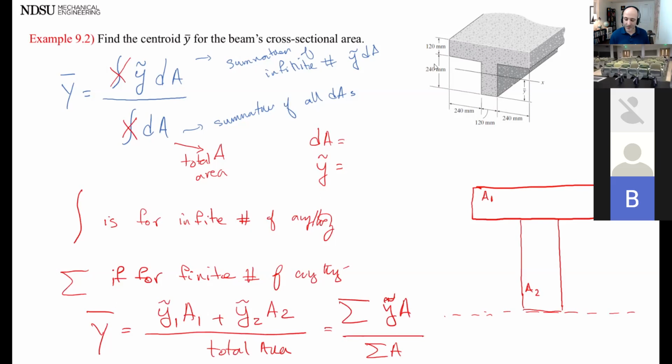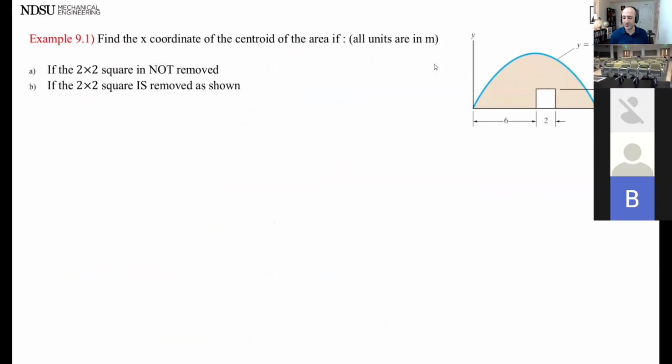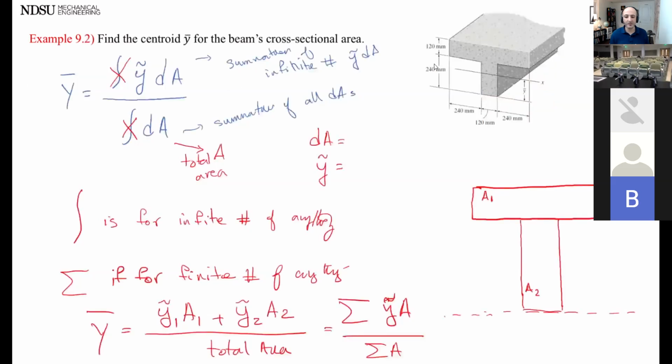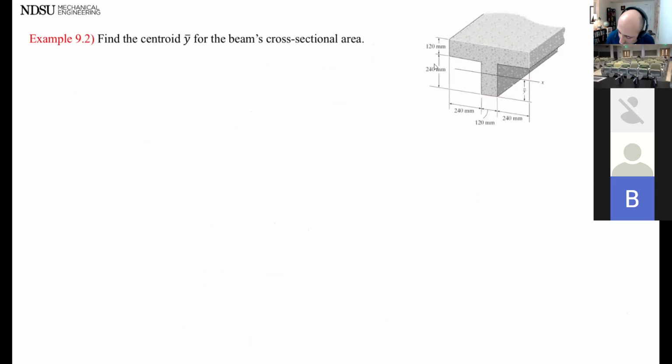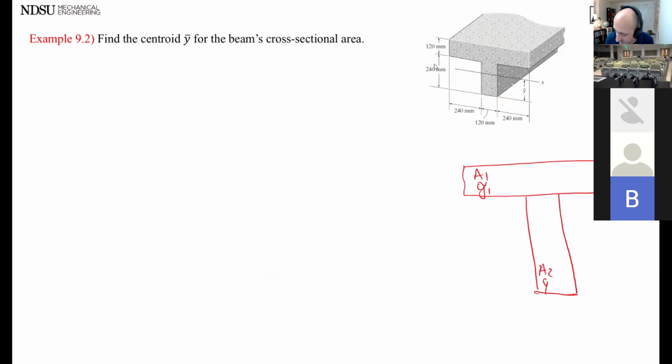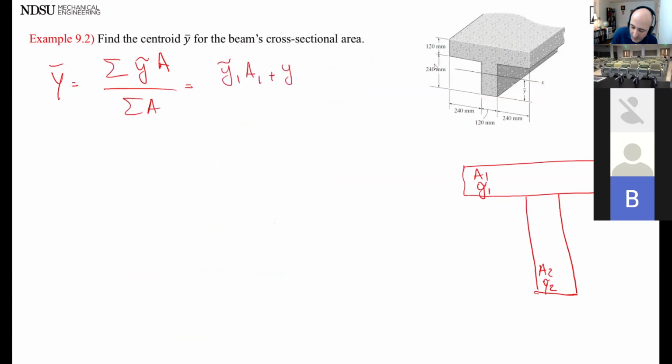Let me redraw this quick. Area 1, y tilde 1, area 2, y tilde 2. So my y bar is summation of y tilde area over summation of area, which is y tilde 1 area 1 plus y tilde 2 area 2, plus more if I had them, over area 1 plus area 2.